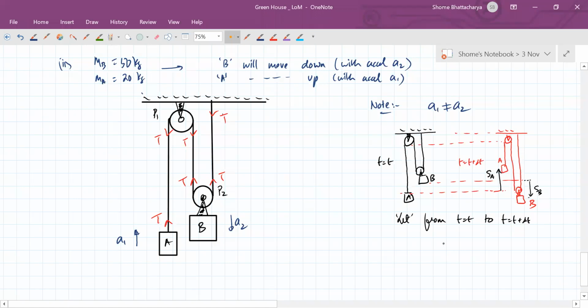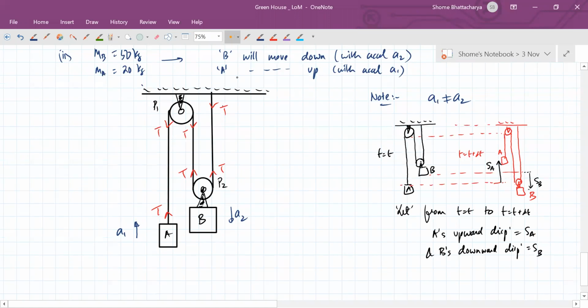So in that interval of time delta t, A's upward displacement is equal to SA, and during that same time B's downward displacement is SB.